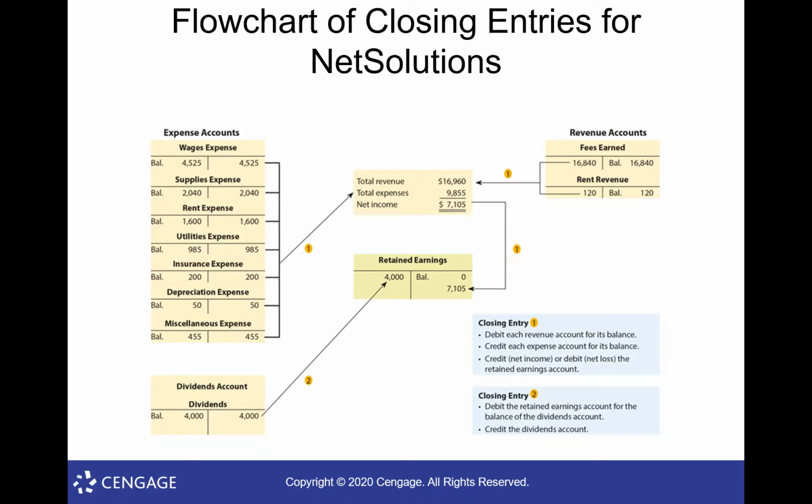Now there's something going on here, and it's that we can't really credit these without debiting some other account. So what's happening is we're creating a special account just for the closing process that we call the income summary account. Okay, and it's also temporary. It's going to be immediately returned back to zero. So here they show it just as going into this total revenue, total expenses. But if you think about it, what we're doing is creating this special account.